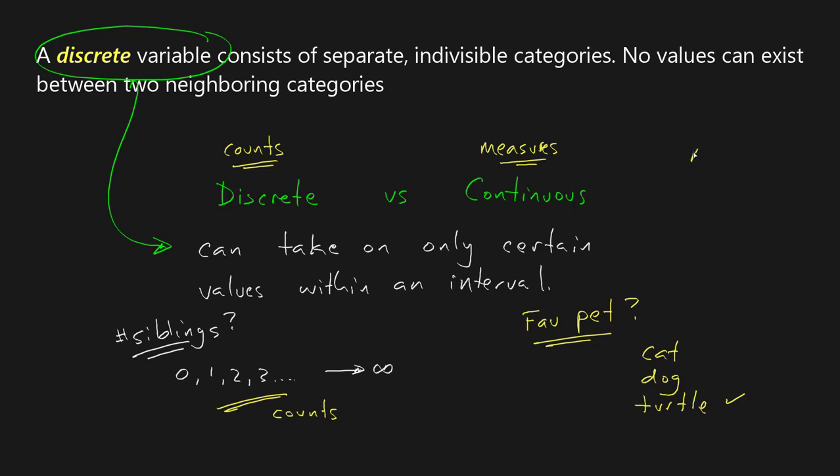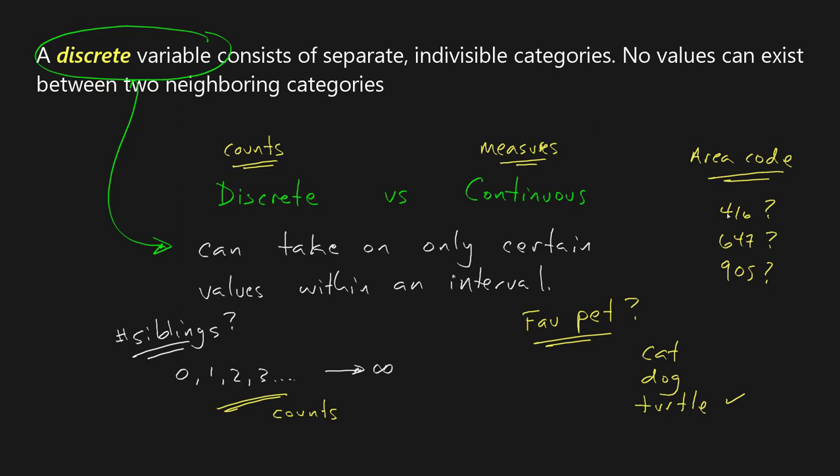Or it could be something like what is the area code that your phone number falls within. So is your area code 416 or 647 or 905 and so on? These are discrete categories. Within the city that you live in, typically there won't be any options between these.